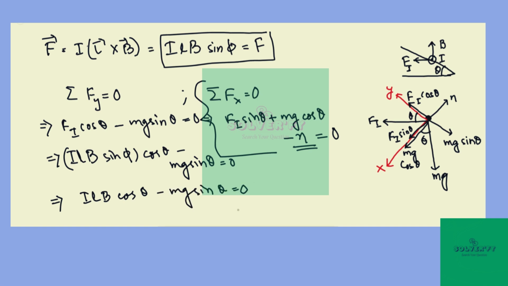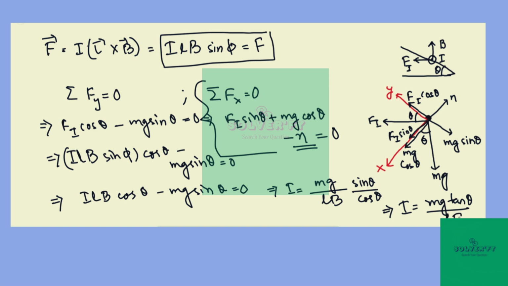Now we can solve this equation and we get I equal to mg over L B times sine theta over cos theta. And we know that sine theta over cos theta is tan theta. So I is equal to mg tan theta over L times the magnitude of the magnetic field.